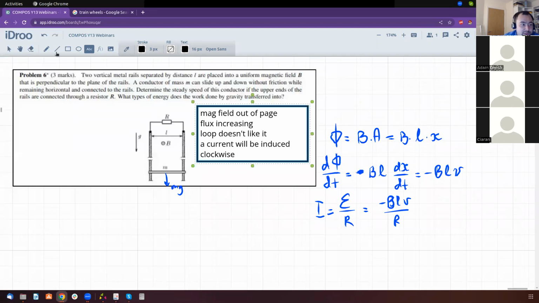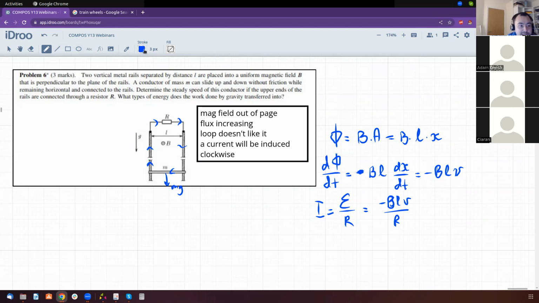So the current will flow in this direction. It has to be flowing in this direction because, yeah. So there's a current flowing through the wire, and now we can use the left-hand rule. So the field is going that way, the current is going that way, so there's an upwards force.